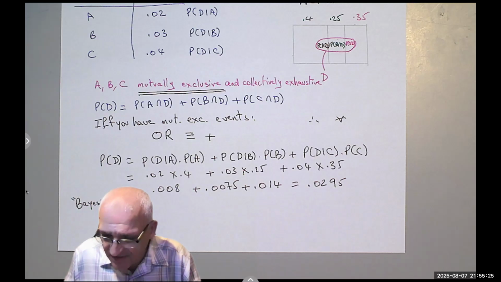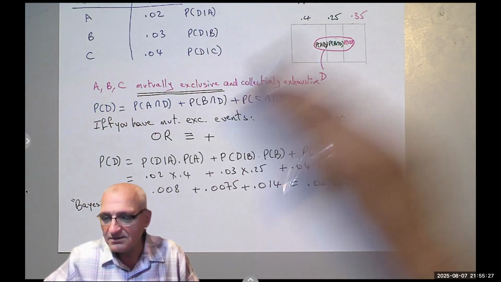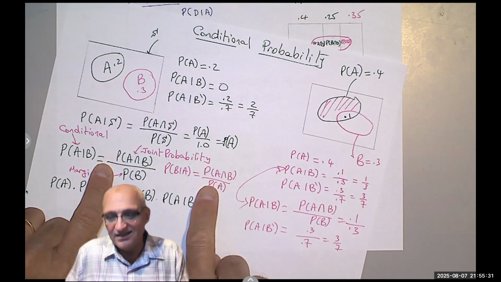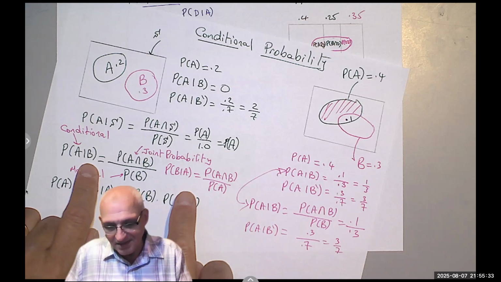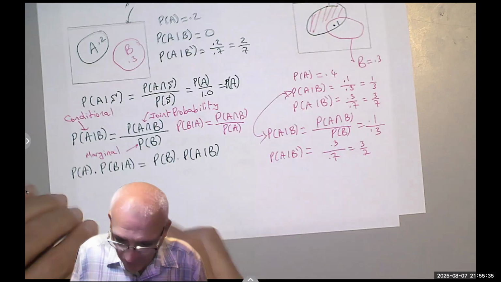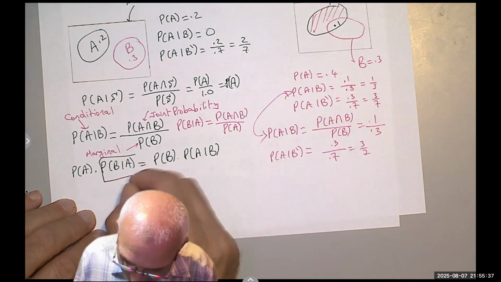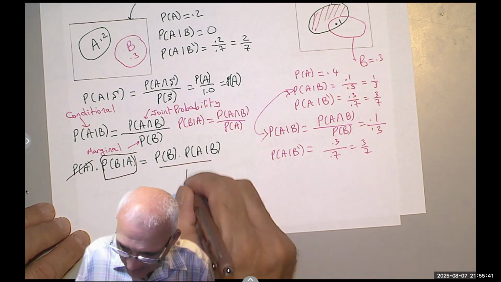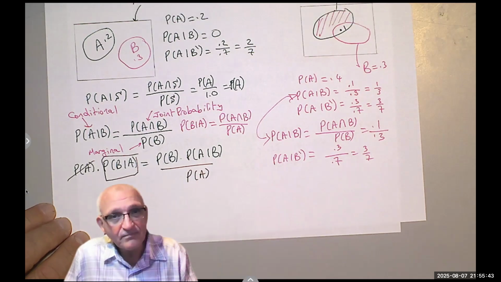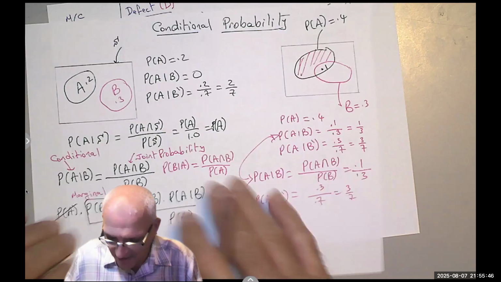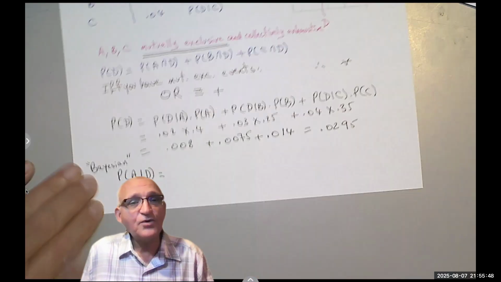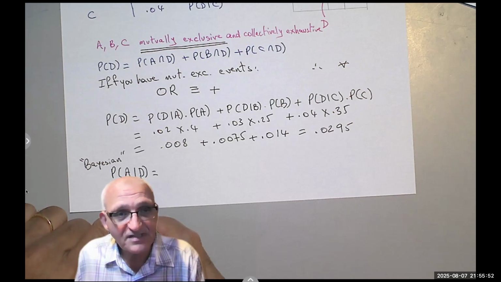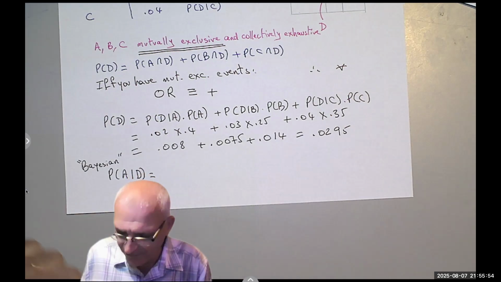I don't know A given D, but I know D given A. Guess what? Do you see that? If you know one, you can say, oh, if I want the probability of B given A, I would divide both sides by the probability of A, right? Same thing. So see how we are going to do it. Probability of A given D. Given that you know it's defective, what's the likelihood it's coming from A?